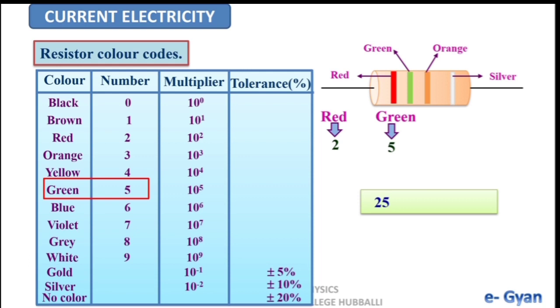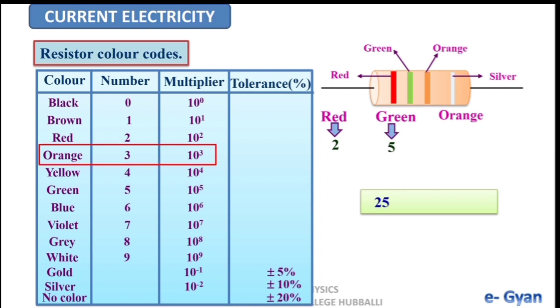Third band is represented by orange. It represents multiplier. Multiplier of orange is 10 to the power of 3 ohm. And fourth band is represented by silver. It represents tolerance.